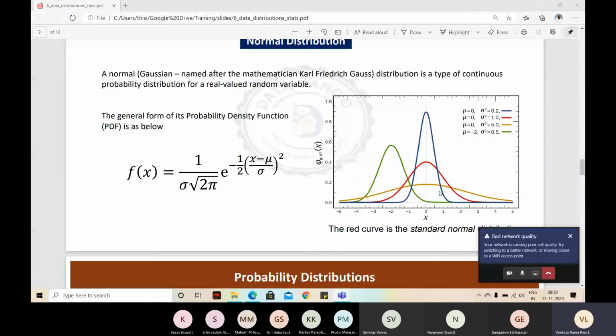If you look at the standard deviations or variances, on the blue line the variance is less, so the curve is steep and close to the mean. In the second graph, the mean is 1 and the variance is 1, the red line, so the spread is a little more. If you see the yellow one, the variance is 5.